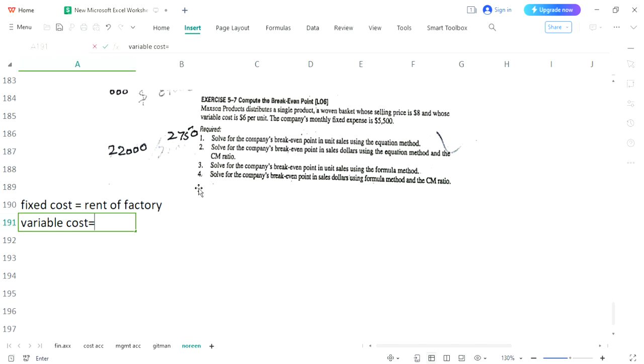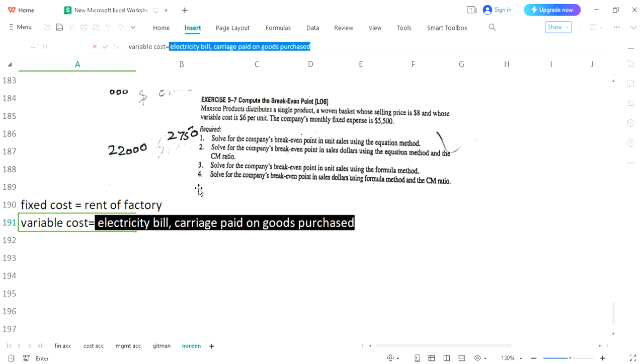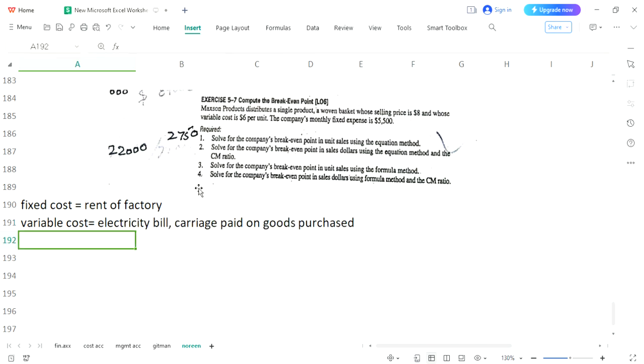If you will increase your level of production, level of sales from 1000 to 2000, electricity bill, for example, would be increased. If you will decrease your hours to be worked in the factory, electricity bill will be decreased. If you will increase your hours to be worked in the factory, electricity bill will be increased. So we have several examples regarding variable cost.